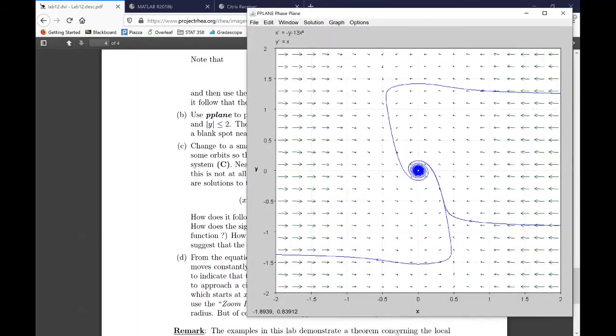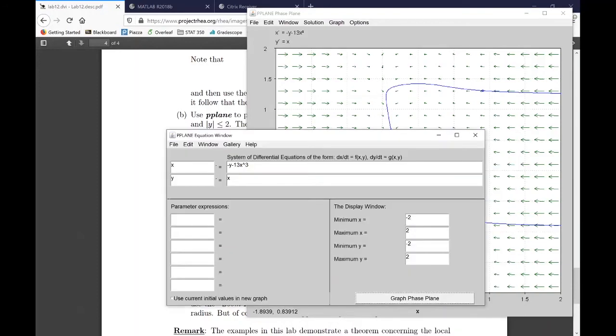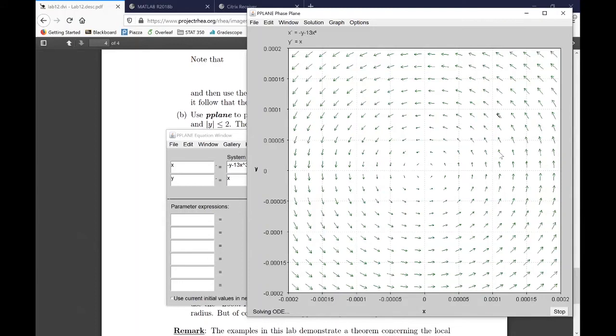So we're going to replot this, 0.0002, 0.0002, and so on. This is going very slowly.